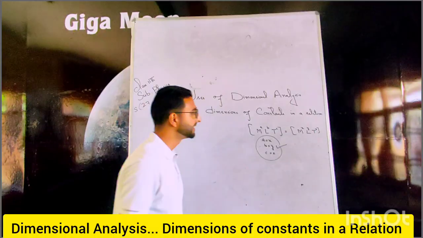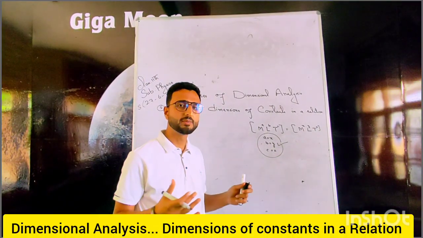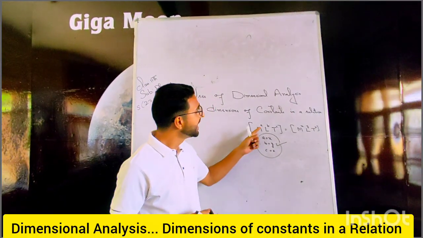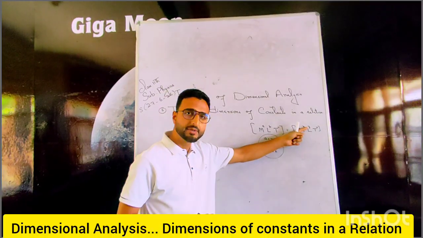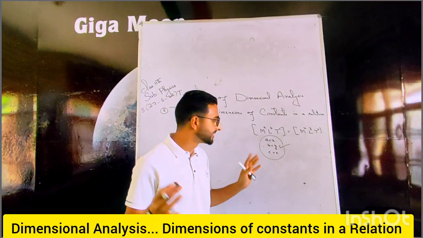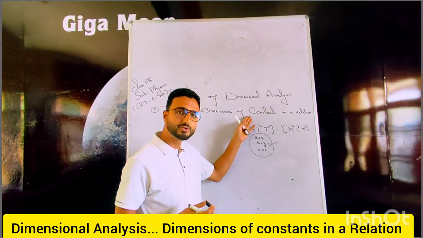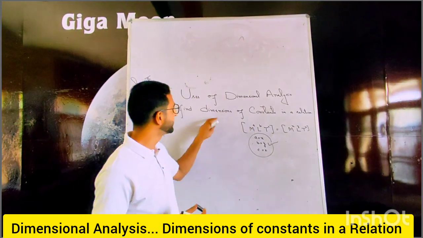So this is basically the statement of principle of homogeneity of dimensions, that is dimensions of each and every term on either side of the relation must be same. So I will be using that principle of homogeneity of dimensions in this very application.